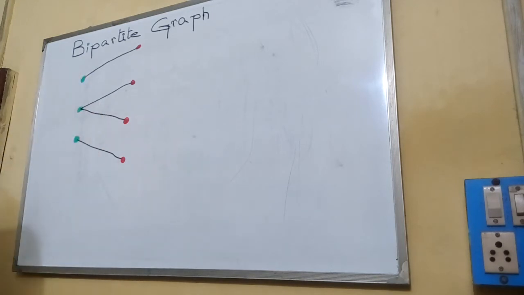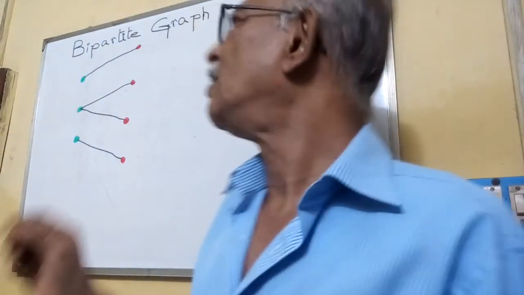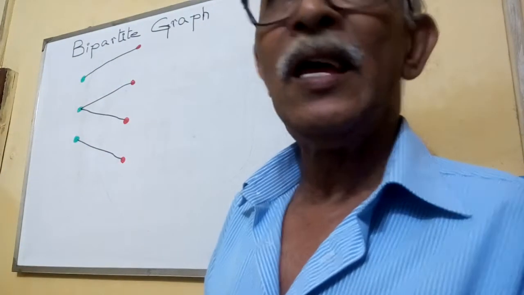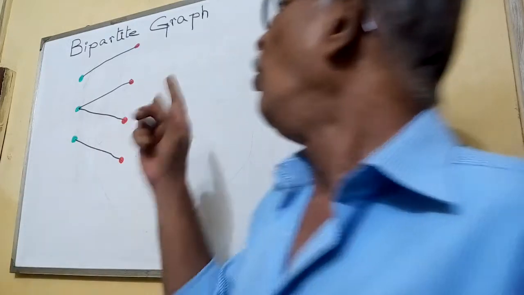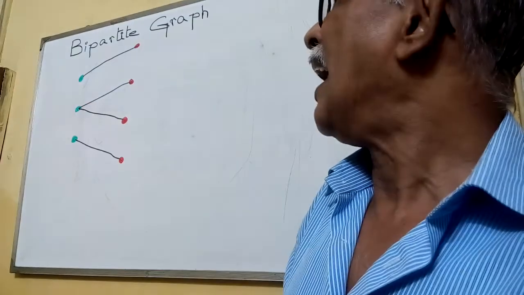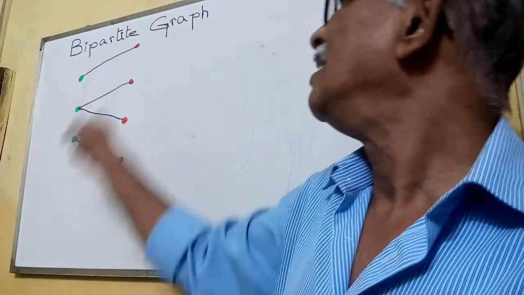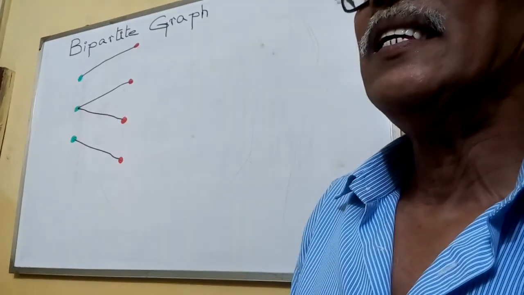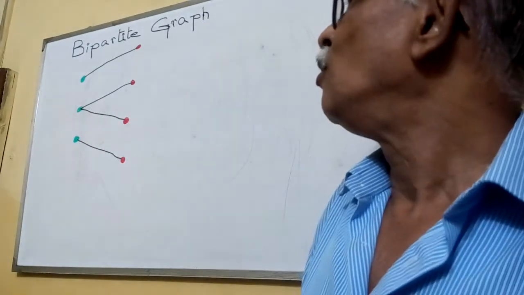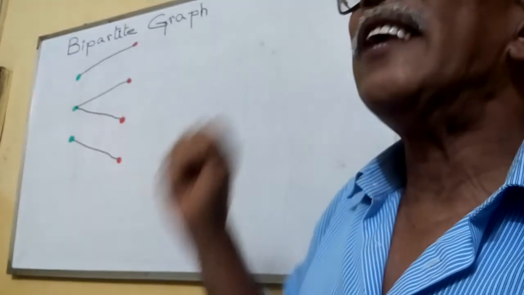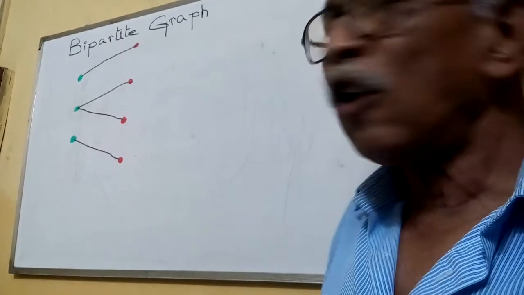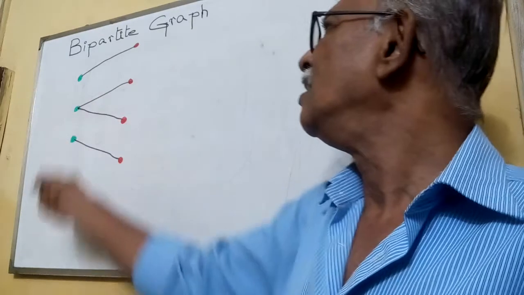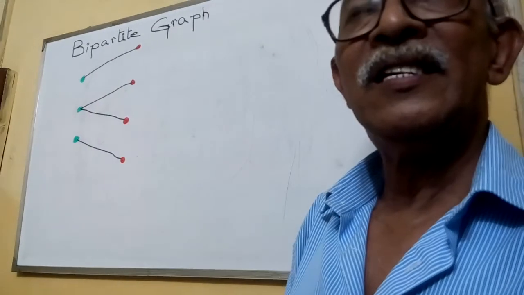In this case, what we are observing is that all the edges have one end at green vertices, the other end at red vertices. There is no edge where both the ends are in red vertices or both the ends are in green vertices.